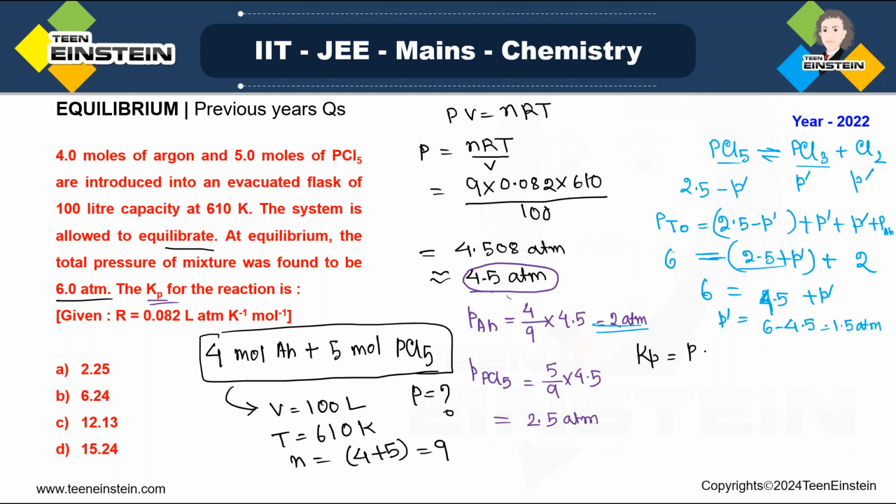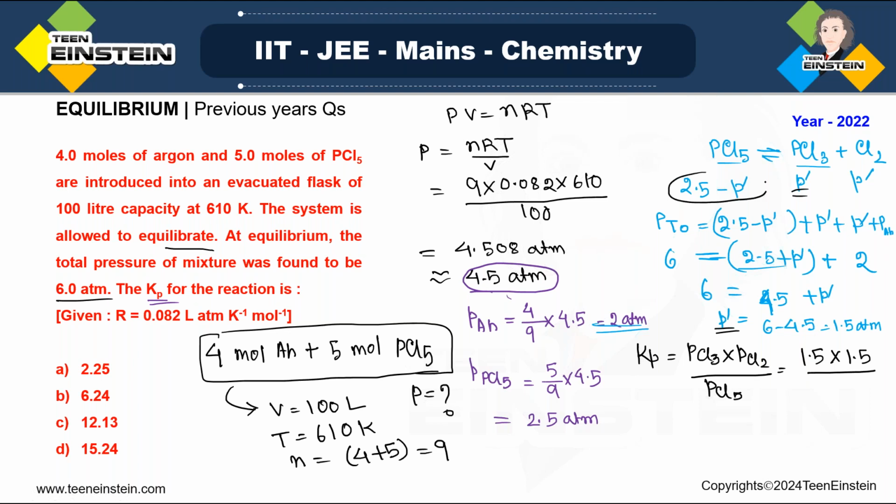So the Kp expression will be partial pressure of PCl3, times partial pressure of chlorine, divided by partial pressure of PCl5. So in PCl3, what will you write? You will write the value of P prime, which is 1.5. Similar is also for chlorine. Now what will be the PCl5 value?